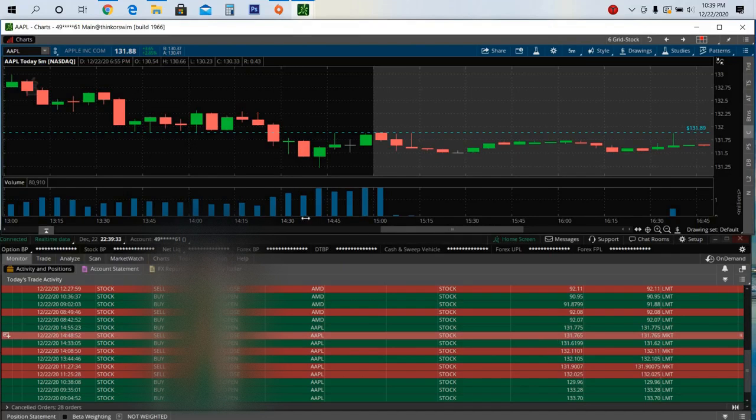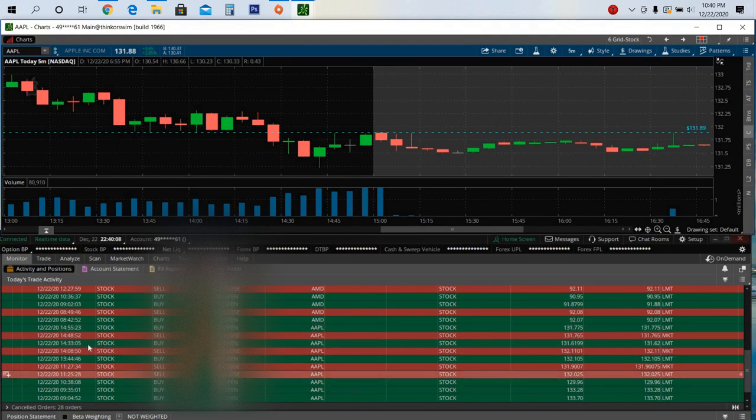I held it for a little bit, it went up, touched this resistance which was support before, and started coming down, so I took it off here. So this was like 10 cents, and then just before the close I added a little bit at 131.77.